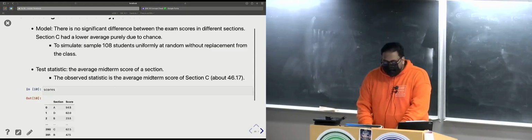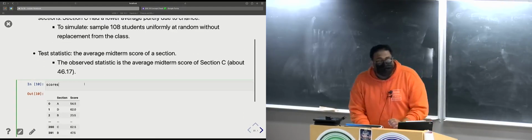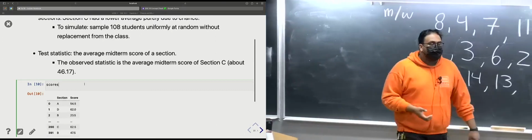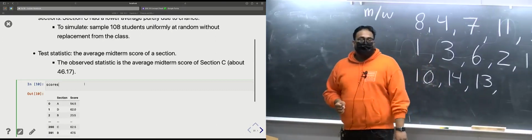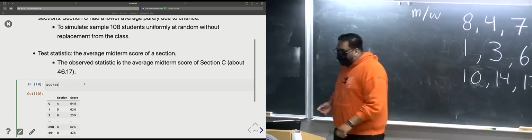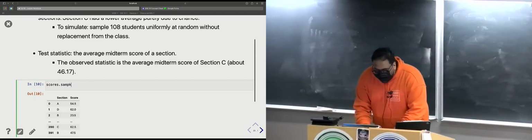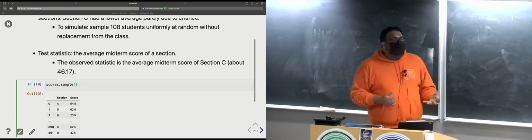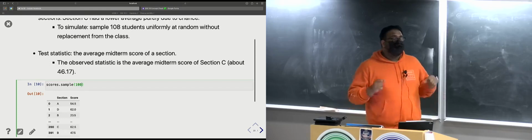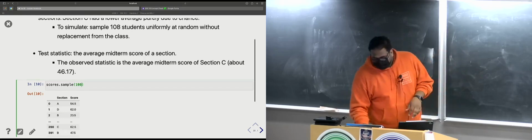Can anyone remember the data frame method for drawing a random sample from a data frame? We talked about it in Wednesday's class. Yeah, dot sample. What I give it is the number of rows I want to sample from this data frame. In this case, it's 108, because that's how many students are in our section.